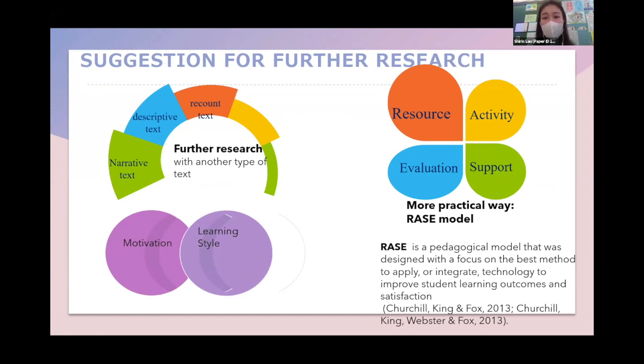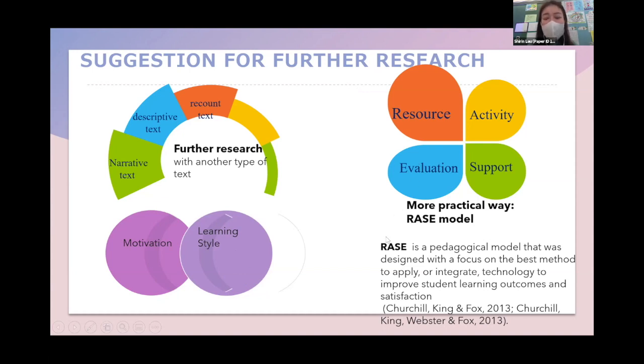There are some suggestions for further research. The first one is I think we can have further research with another type of test, so then we can evaluate how the visual feedback can affect students' self-regulated writing in different types of tests. And I think motivation and learning style should also be counted as factors in students' self-regulated writing development.